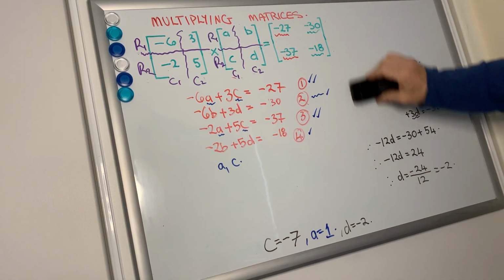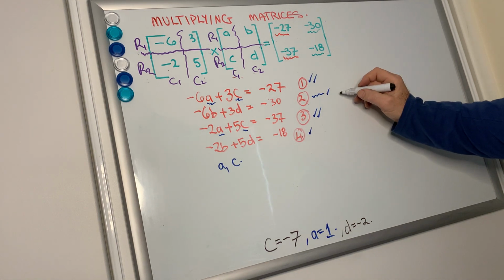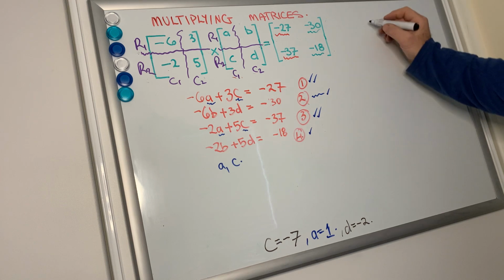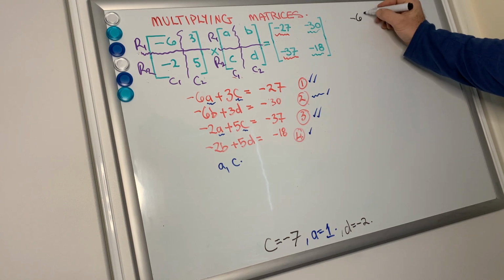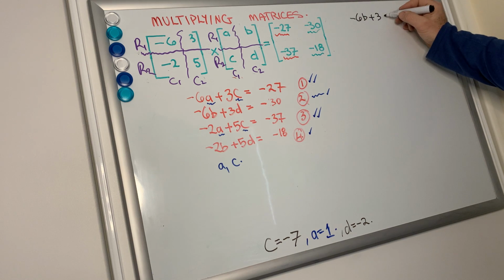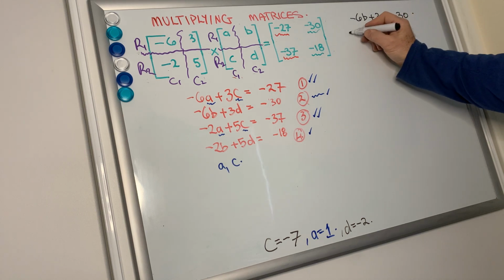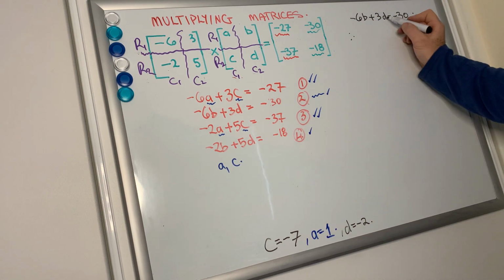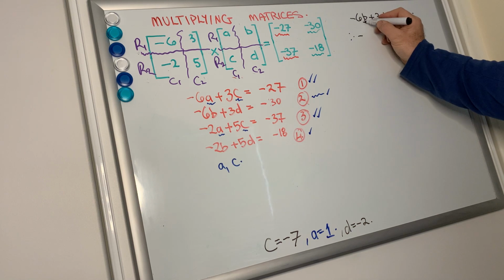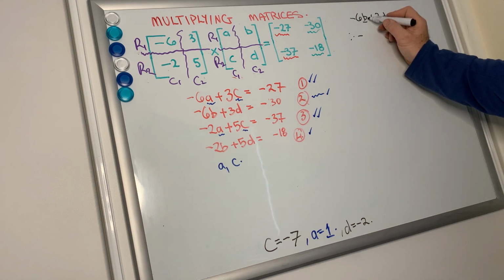Let's go back up here and use this equation, just as an example: minus 6b plus 3d is equal to minus 30. Where we've got d, we're going to put minus 2 in there, and we're going to solve for b.